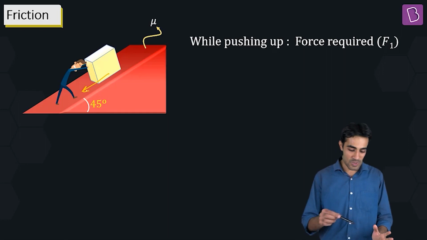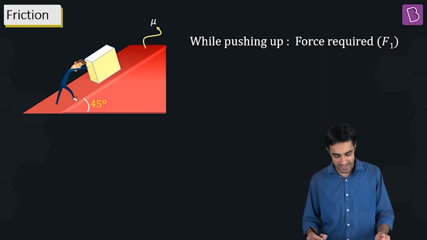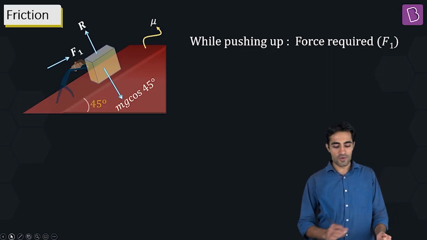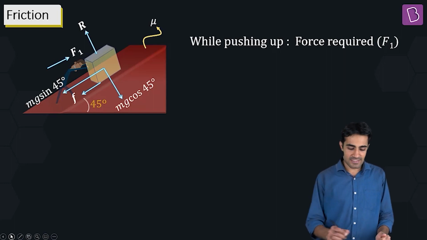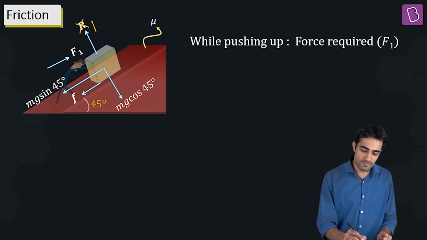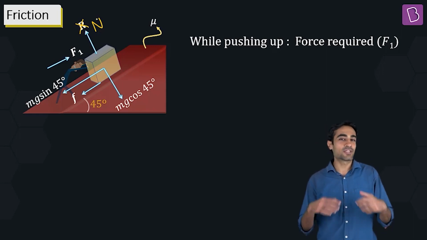Right. So let us see what the free body diagram of this object will be. Here are all the forces on this object. I usually prefer the symbol N for normal reaction instead of R because we are habituated to normal reaction.